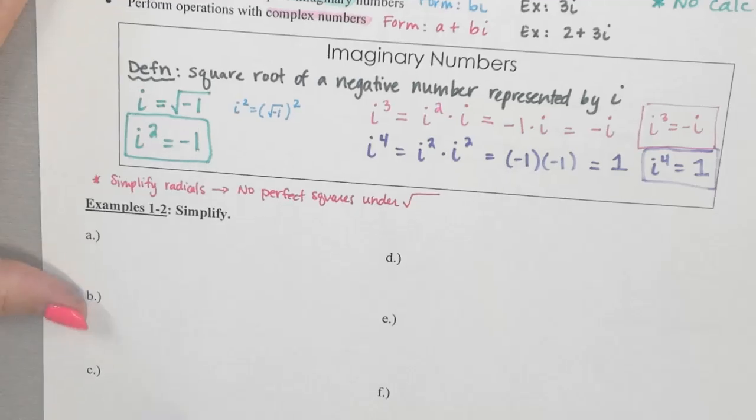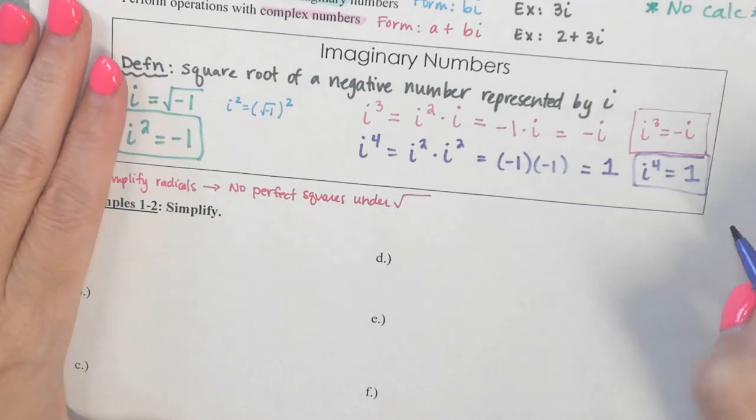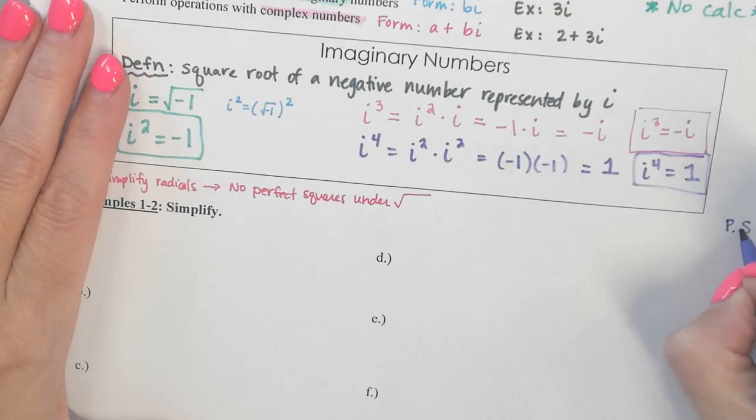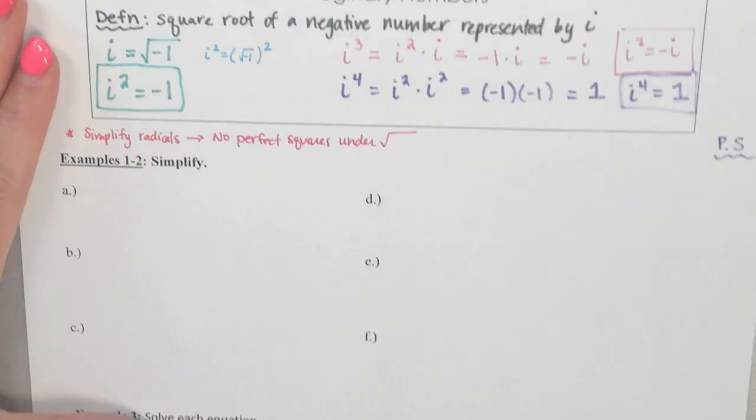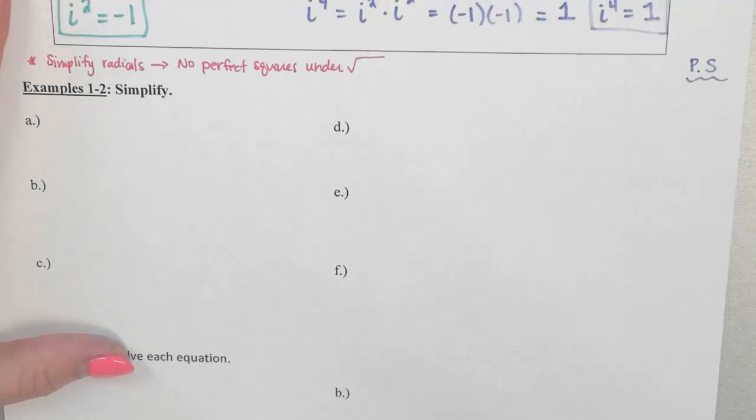Then let's list out the perfect squares. To find the perfect squares, you just square the numbers. We'll go up through 10.